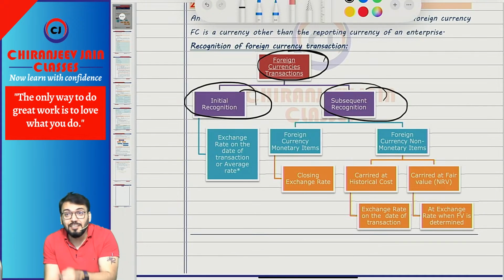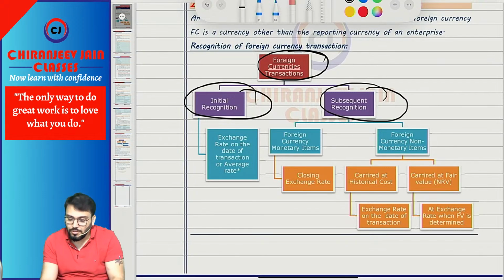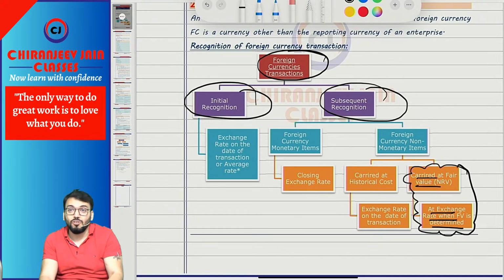But if they are carried at fair value, then we use the exchange rate when the fair value was determined. However, till now they have not asked any question of this nature. So normally in the exam, if the question is silent, we always assume the items are carried at cost and no translation is required. Understood?